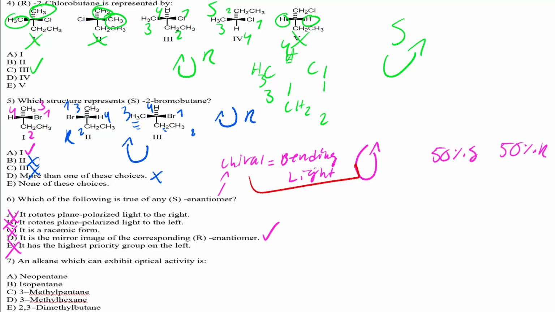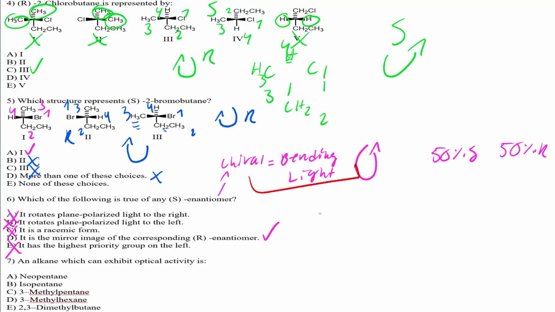Therefore, an enantiomer also exhibits optical activity because an enantiomer is chiral. Okay? So whatever is achiral does not experience optical activity. So we're looking for a molecule over here that is chiral.